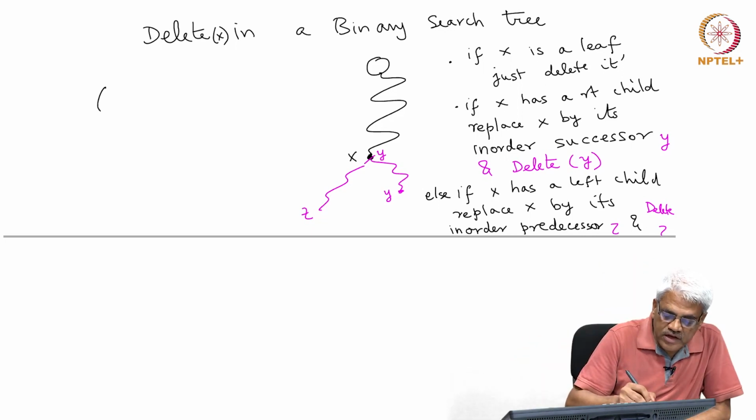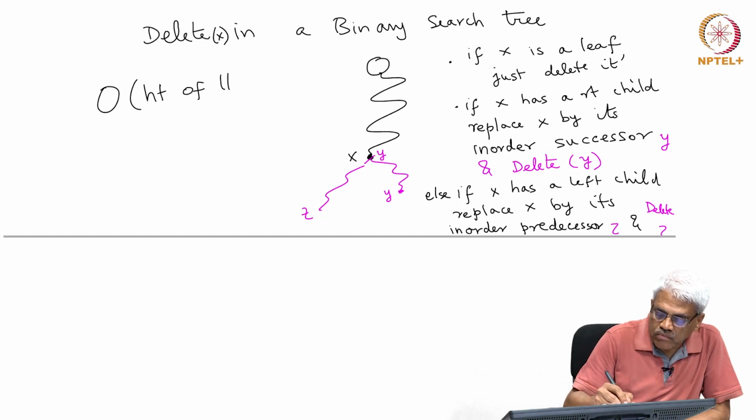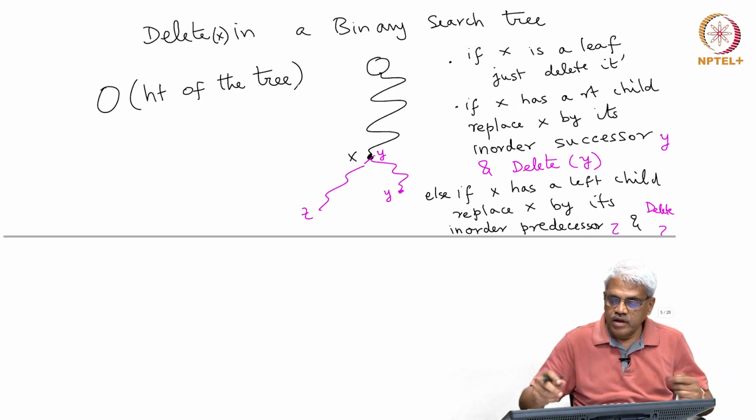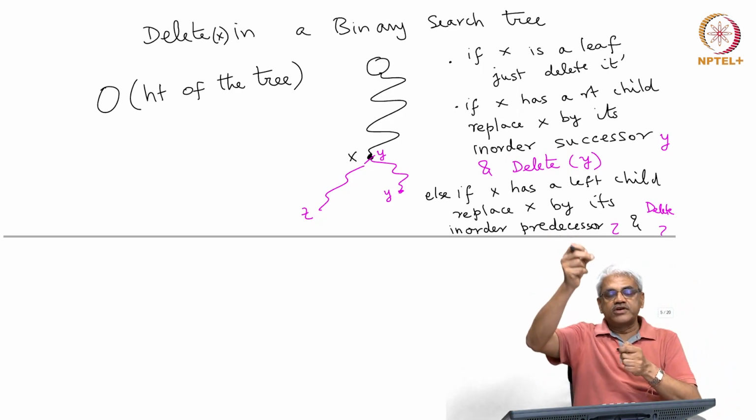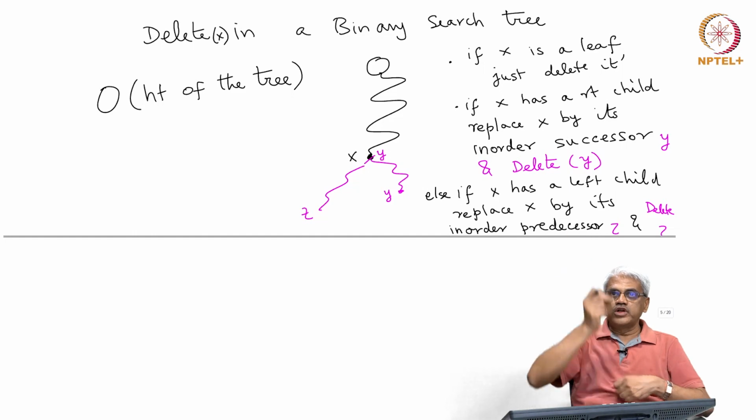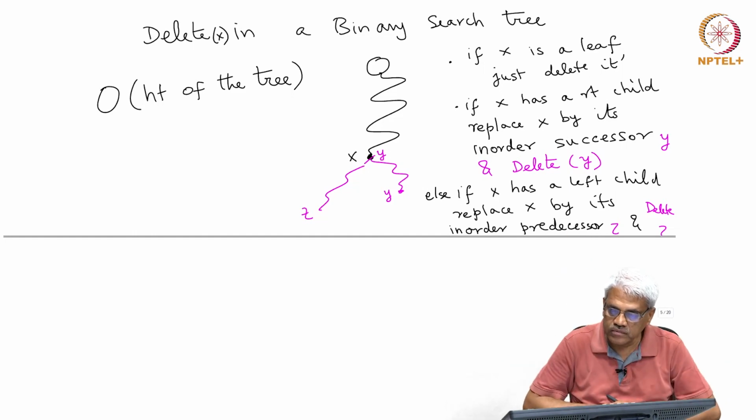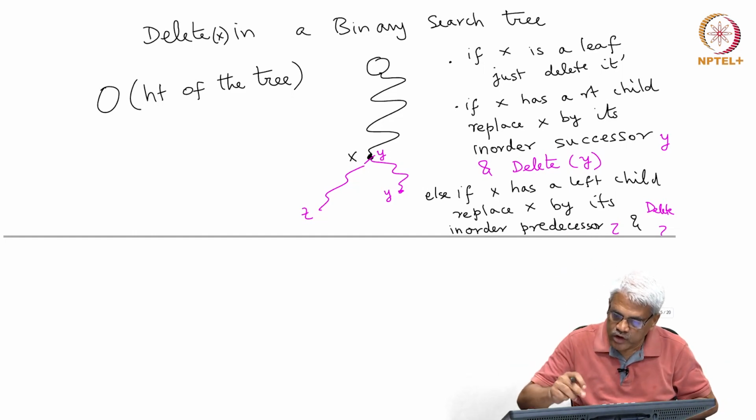How much time does it take? Well, again, time is proportional to the height of the tree, because we are just traversing one path from the root to a leaf. You just keep going down, you don't go up and down.